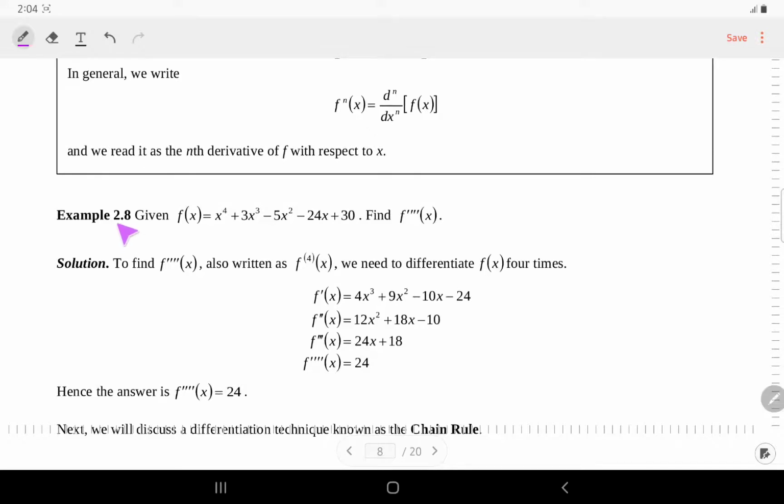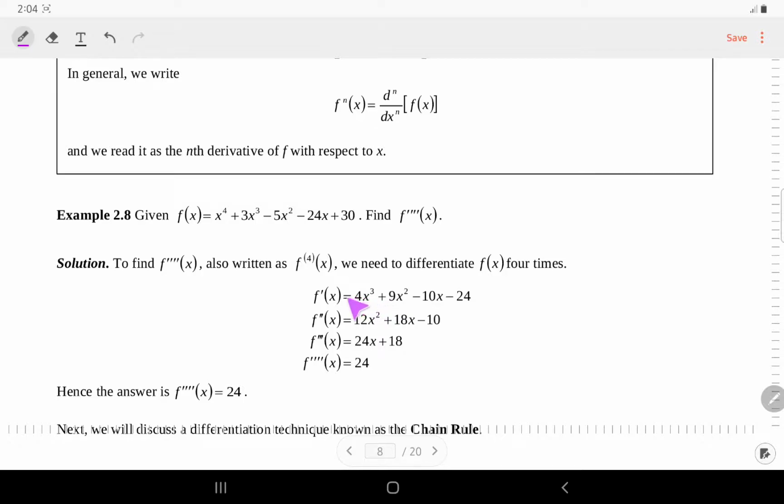For example, look at this one. You are given this function and you need to differentiate it 4 times, because we have 4 primes. Differentiate it once and it becomes 4x cubed plus 9x squared minus 10x minus 24.